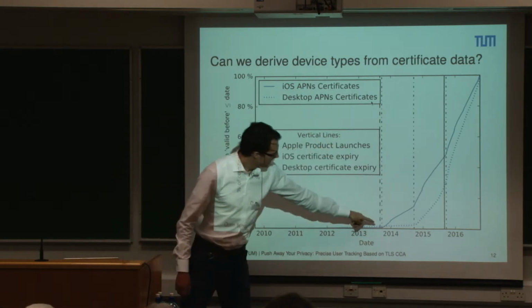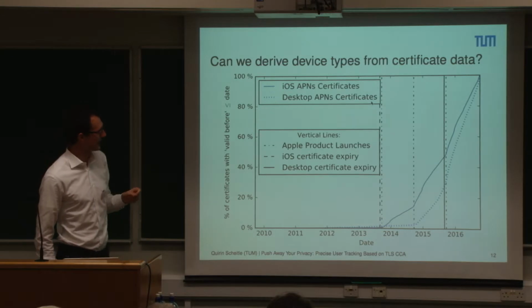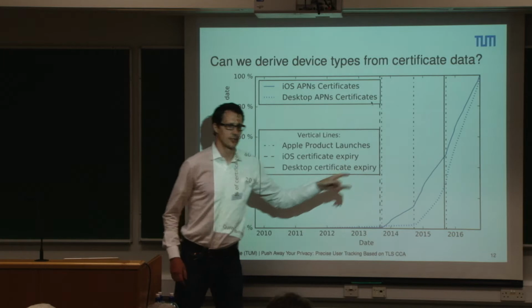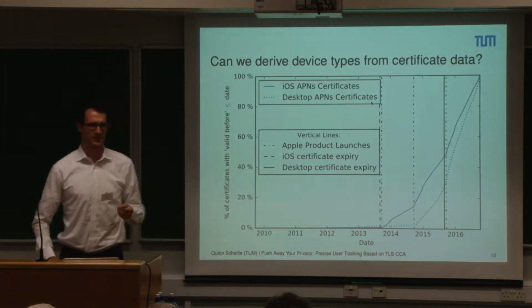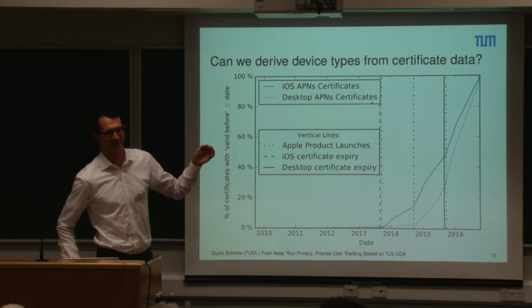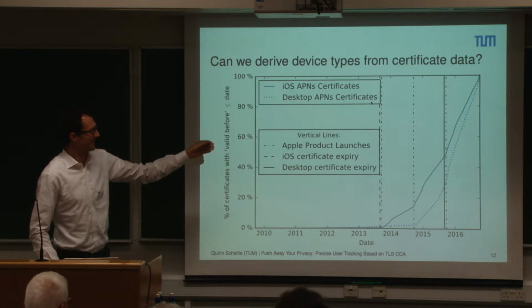But you see those clear patterns. It's not a straight line, right? You have some chunks. And these are the Apple product releases. So every year in October, they do this thing. There's a new range of products, and then people buy these new products. And then you have an uptick in products.